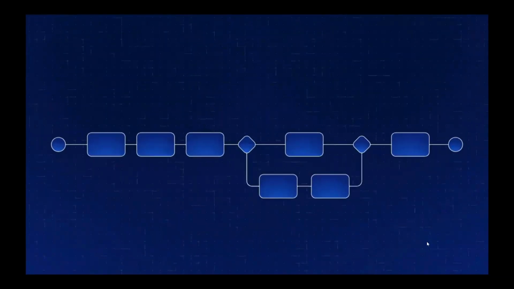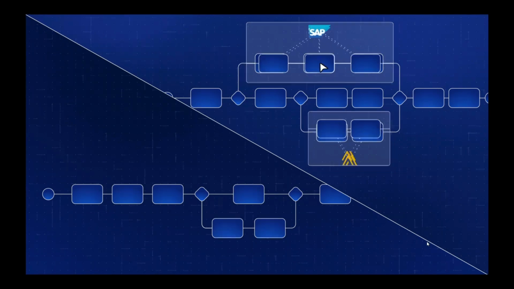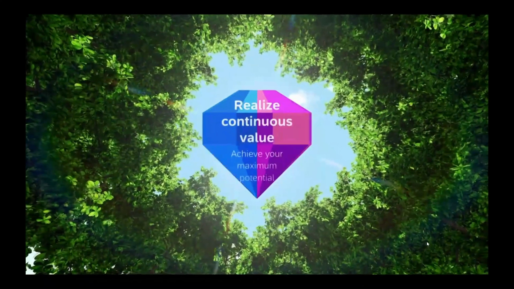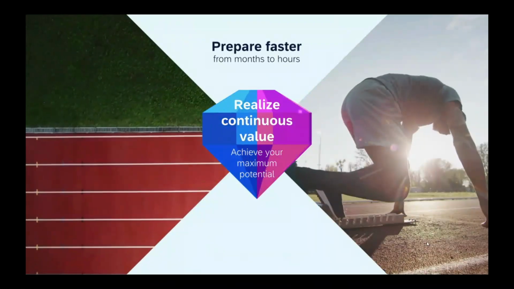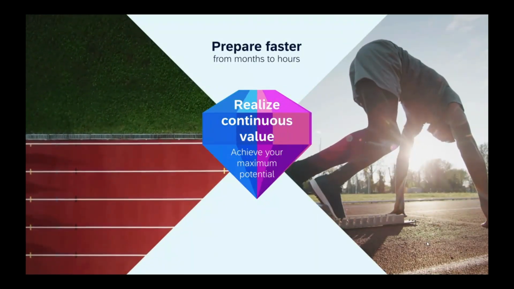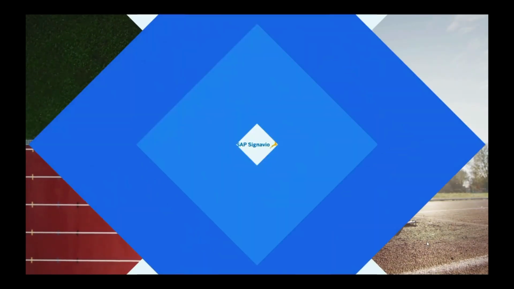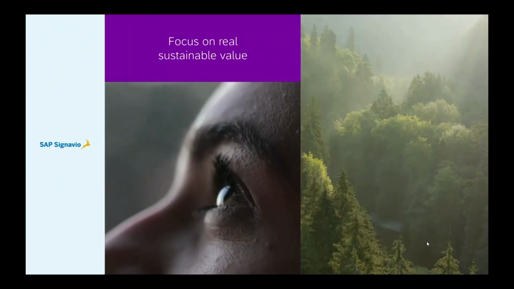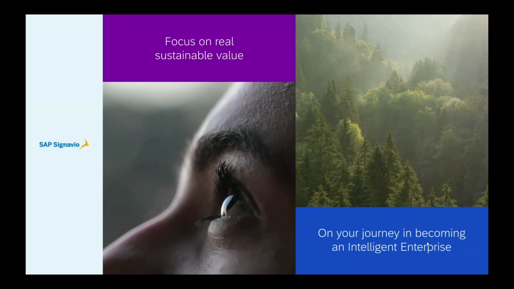You can then profit from SAP best practices to define your planned future state using the common language of process that helps to bridge the gap between business and IT, unlocking continuous and sustainable value for your transformation by reducing preparation from months to hours and making deployment faster and more seamless than ever before, enabling you to focus on real, sustainable, and continuous value generation on your journey in becoming an intelligent enterprise.